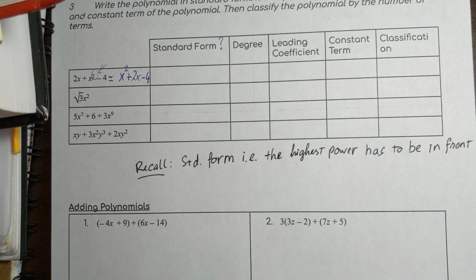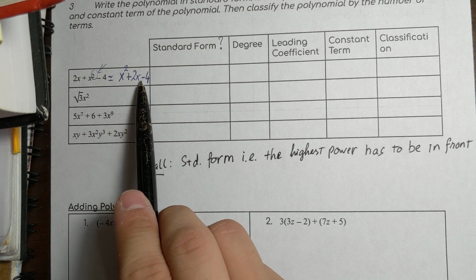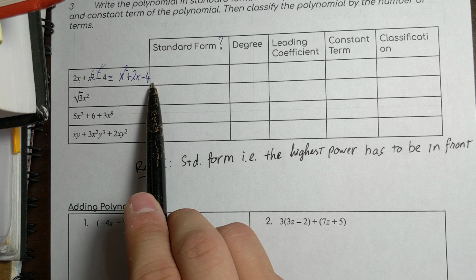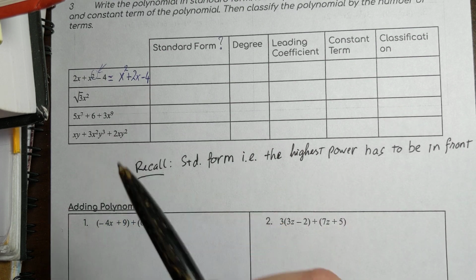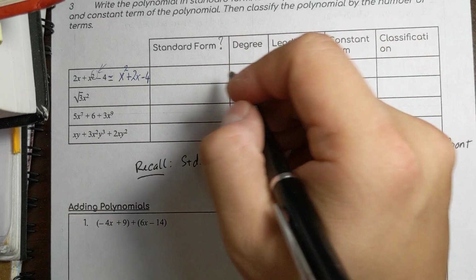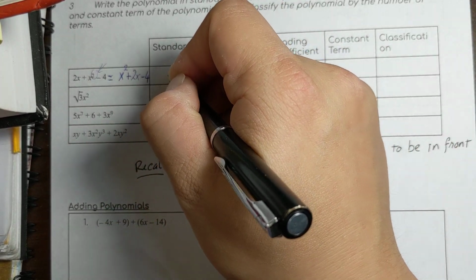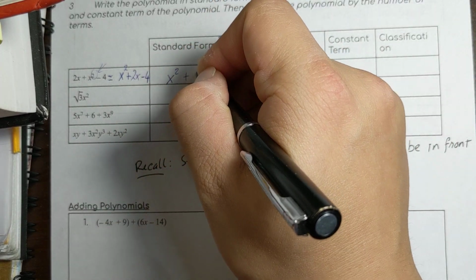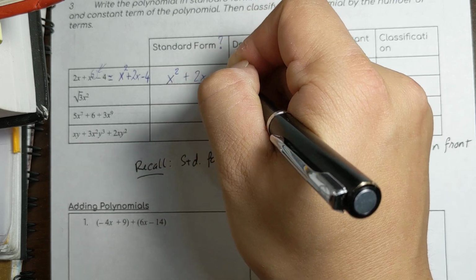And then it has to decay, and then the next term has to decay from that, for instance, we have here x squared, x, no x. All right. So in this case, the standard form will be x squared, 2x, and 4.